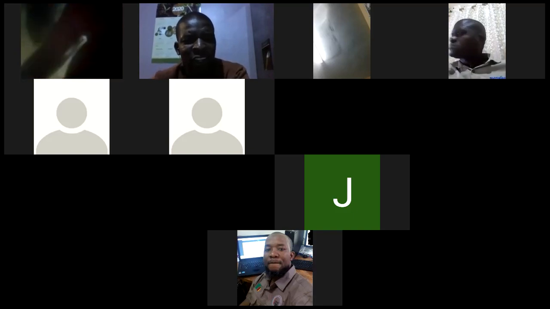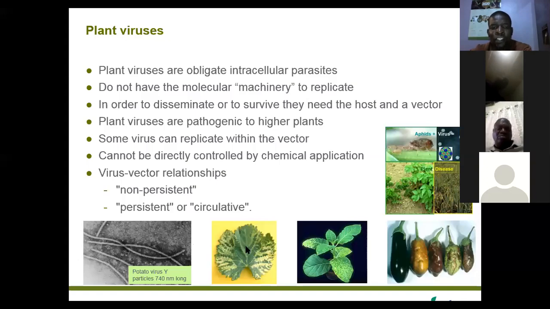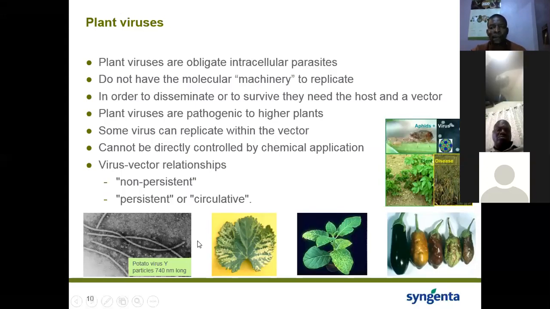Let me just share my screen. You've seen this leaf here. So it's a small leaf. Yes, it has got this kind of arrangement. On this other leaf, also you've got the mosaic kind of arrangement.